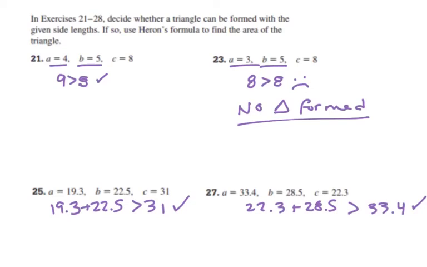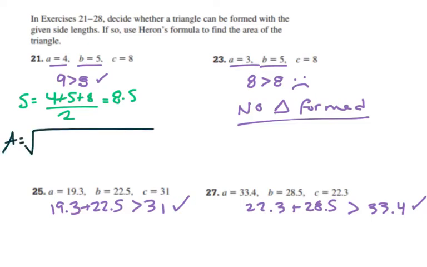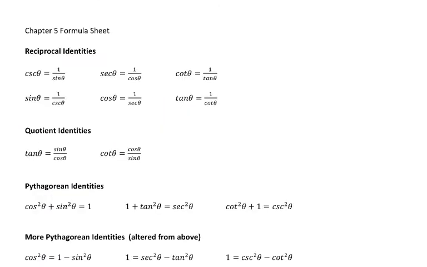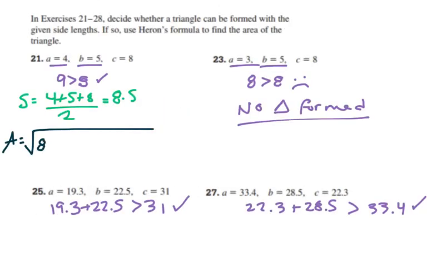So looking back on the first one, S is going to be 4 plus 5 plus 8 divided by 2. And so we have 8.5. And then the formula for the area says that you're going to take the square root of the S value, but then all of the subtractions with every side. So 8.5 minus 4, 8.5 minus 5, and 8.5 minus 8.